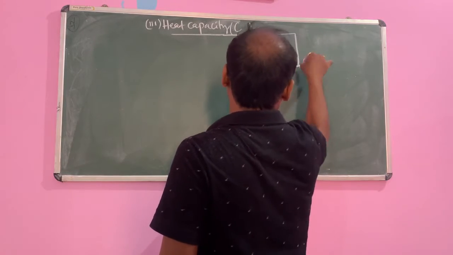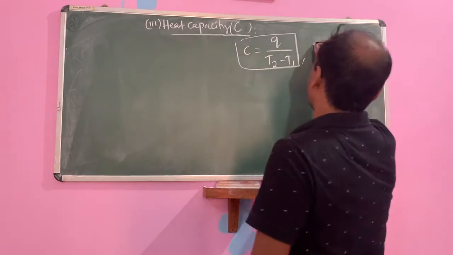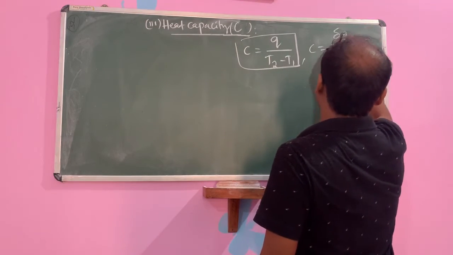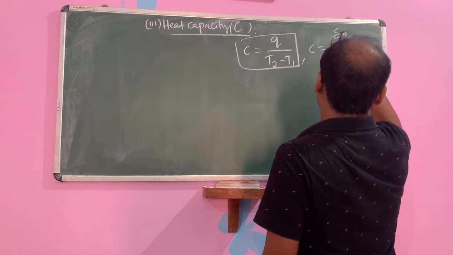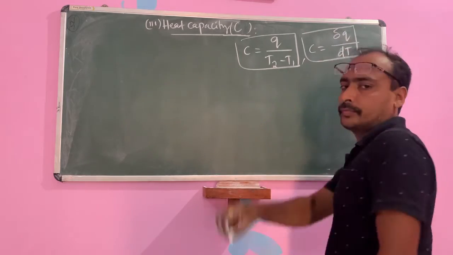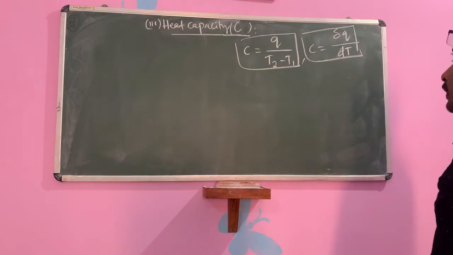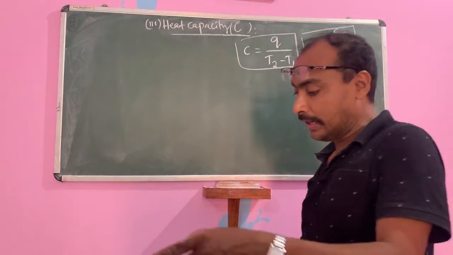This is the formula of heat capacity. Or you can write C is equal to dQ by dT, where dQ is a small amount of heat.